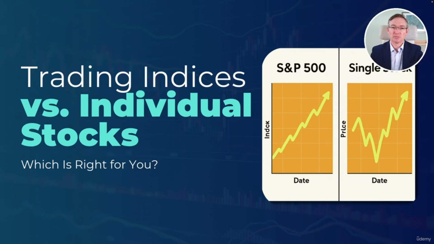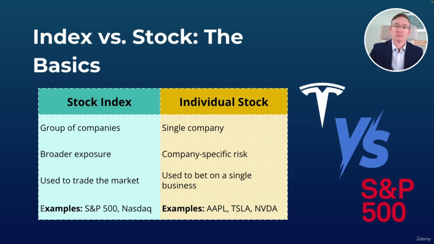I trade individual stocks and I trade whole indexes using ETFs, and I'll show you the pros and cons of each and when one style and one approach is more appropriate than the other, and then you can make up your own mind. So, which one's right for you? Trade the index as a whole, or the individual stock, or a little bit of both?